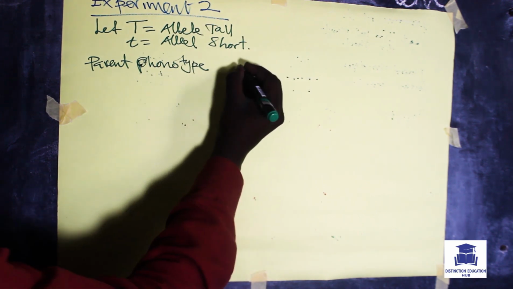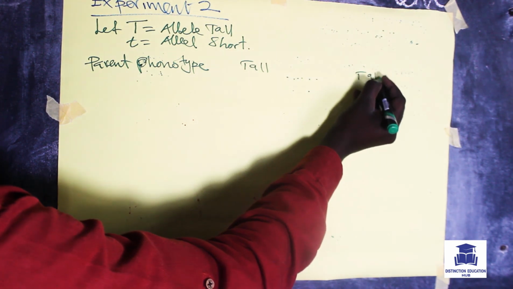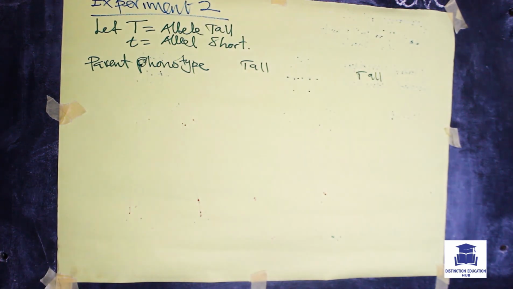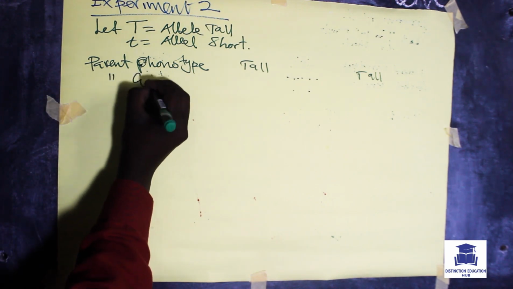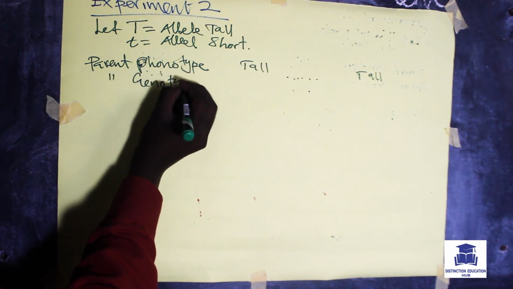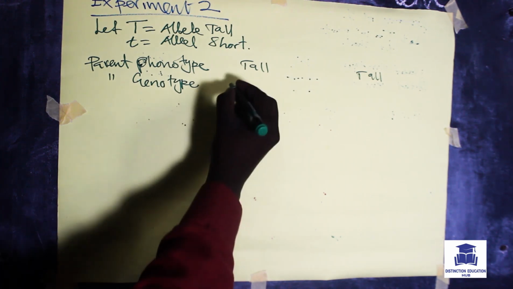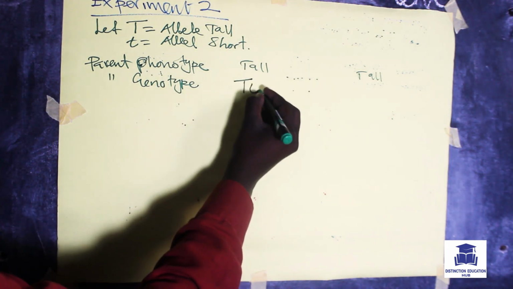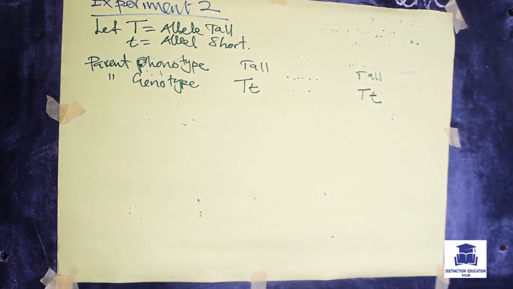So the phenotype will be tall, and even this time we've got tall, because remember those offspring were all tall. Then what will be the parent genotype? In this case, it was like this, isn't it? So that is the parent genotype.